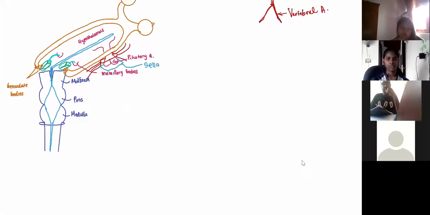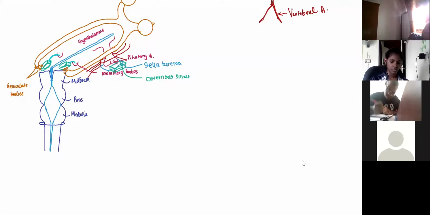Nice. Really well done. And what is lateral to the sella turcica? Cavernous sinus. Yes. Cavernous. Okay, perfect.